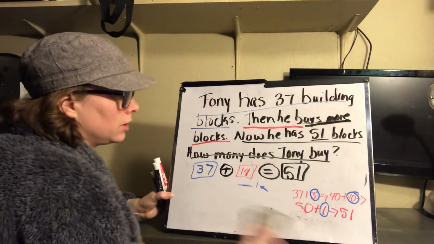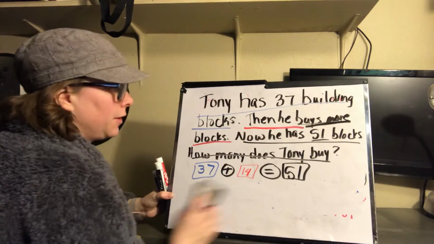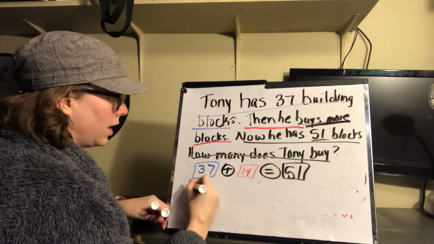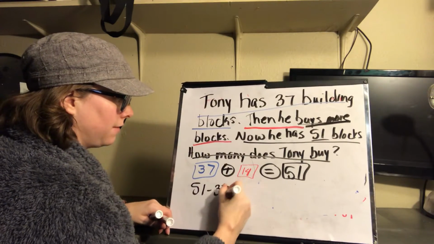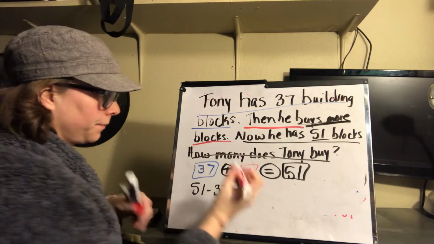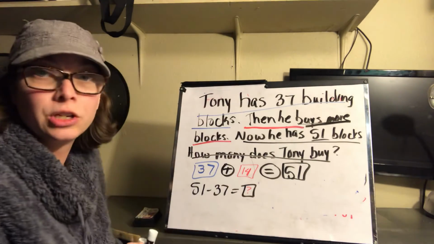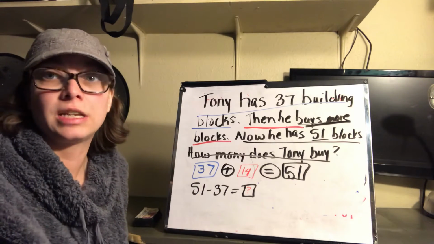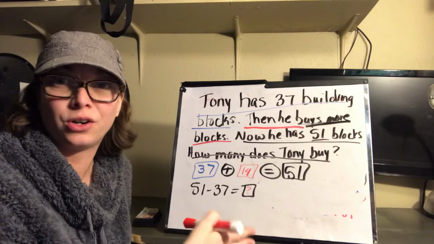But if you understand that you could do 51 minus 37 equals, and you can get your answer this way, your child can do it this way and subtract. And like I said, a lot of times that's just easier because we're not having to count on or stop.